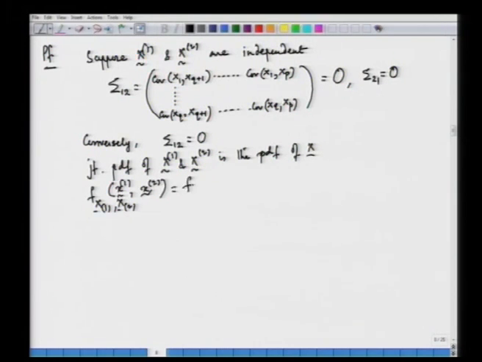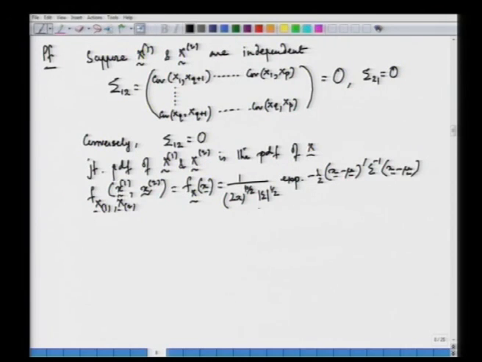This is nothing but f of x at x, and now that we know the PDF of the multivariate normal distribution, I simply write this as 2 pi to the power p by 2, sigma to the power half, exponent of minus half (x minus mu) transpose sigma inverse (x minus mu).